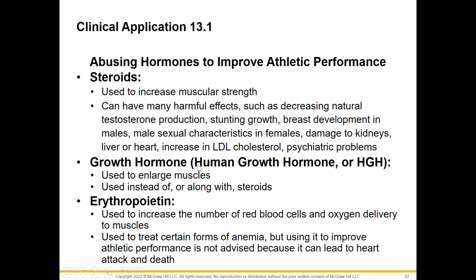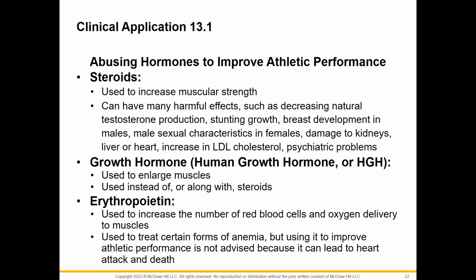Growth hormone can also be used to enlarge the muscles. It can be used instead of or along with the steroid hormones. And erythropoietin, remember erythro means red. Erythropoietin is a substance that your body naturally makes that helps make more red blood cells.